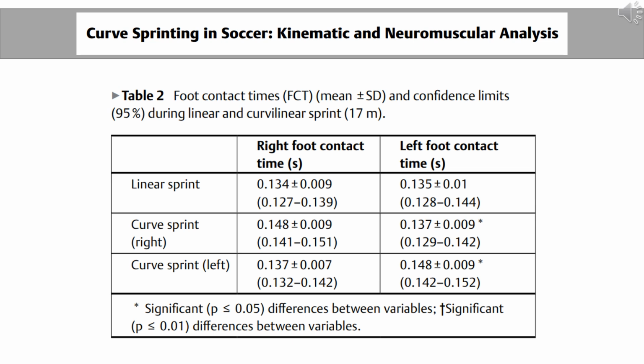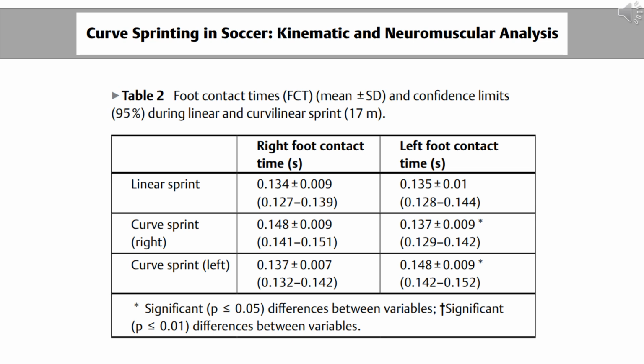But the main point is that our outside leg is able to maintain very similar ground contact times to running in a straight line, but our inside foot has to spend longer on the floor to apply a little bit of additional braking impulse or braking force so that we can continue to run on an arc or on a curve.